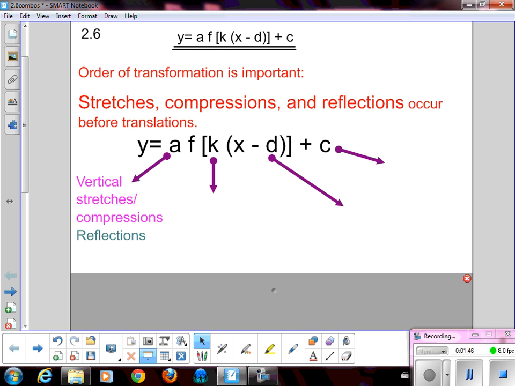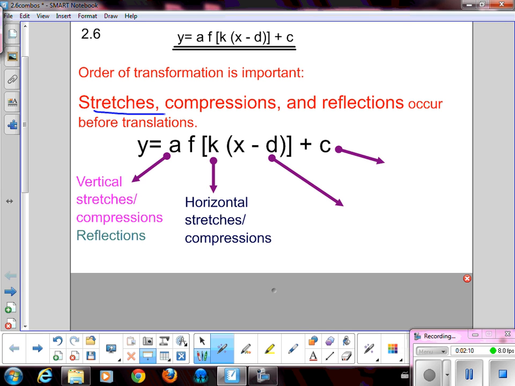The next item that we would look at would be the K value. Now the K value, remember, affects the value of X. So with the K value, it tells us the horizontal stretches and compressions. So when order is important, we need to do the compressions, stretches, and reflections first before we do the horizontal shift, in other words left or right, and the vertical shift, which is up or down.